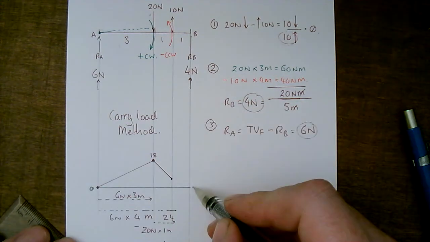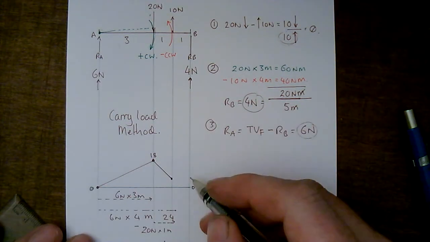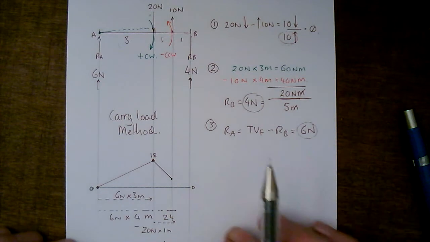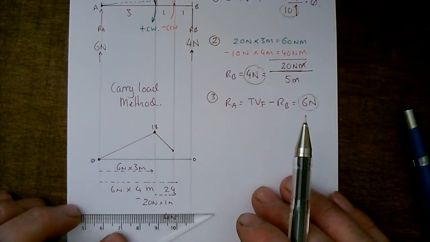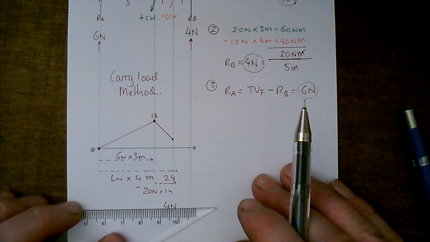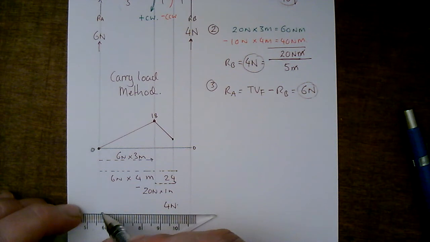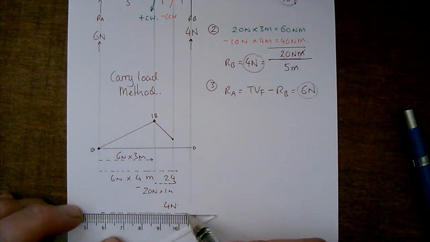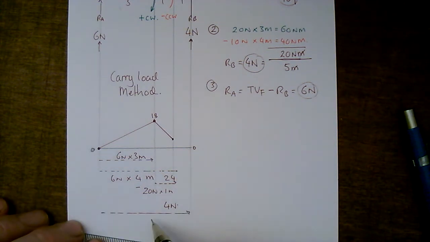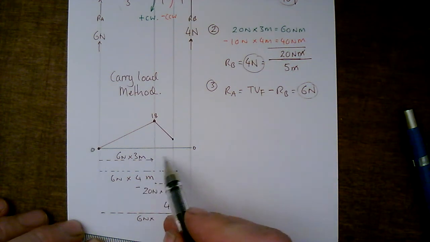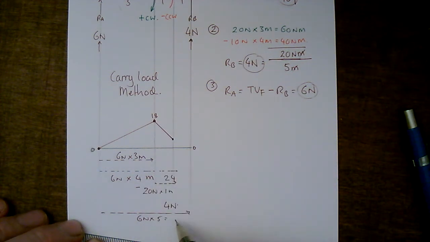Now it should get down to 0. And how that's going to happen is this. If we slide up a bit just so you can see what's going on, carry the 6 newtons across that whole distance, we'll end up with 6 newtons times 5 meters. 6 fives are 30.